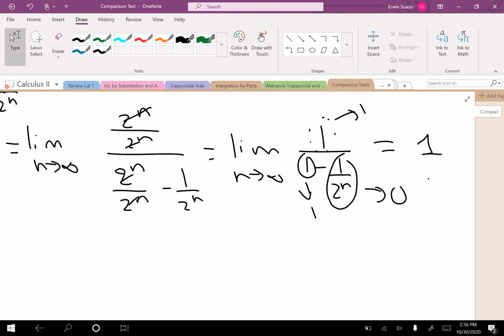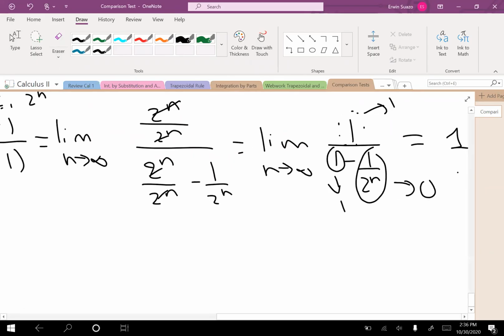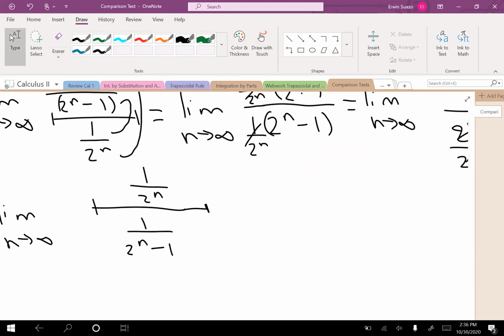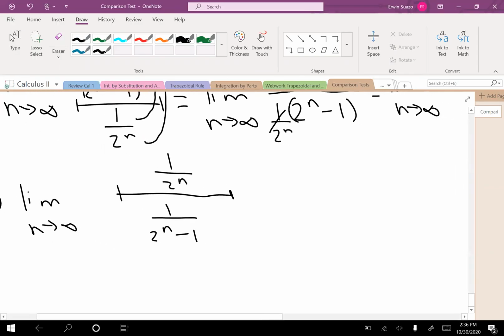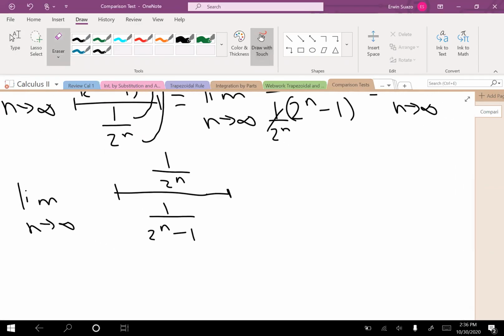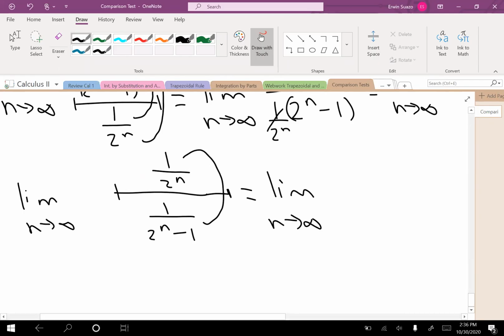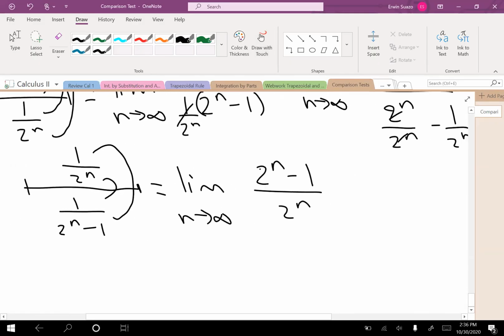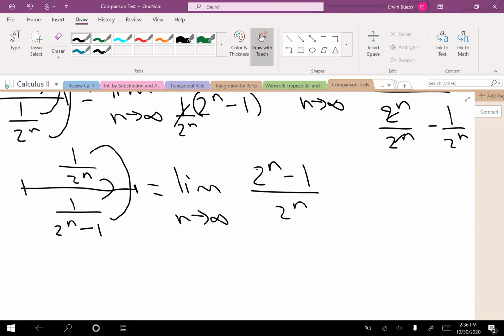So you see, this trick is very useful. Let me do the other one with the same technique. We take the limit as n goes to infinity, and you multiply like this. You get 2 to the n minus 1 divided by 2 to the n. This is even easier.